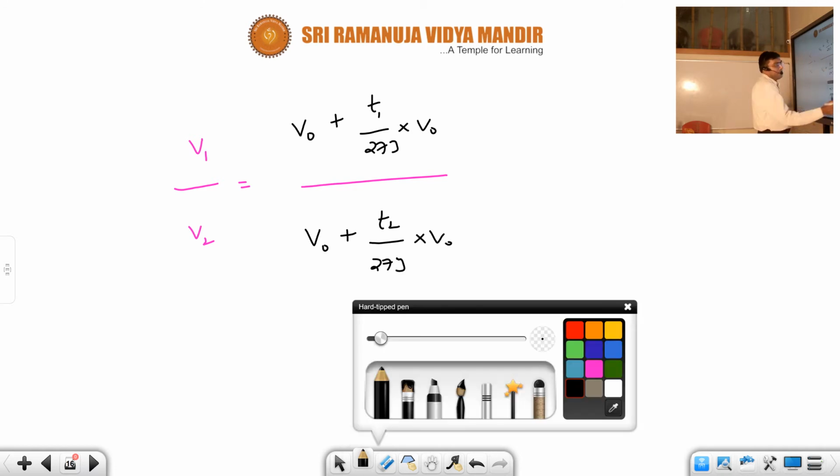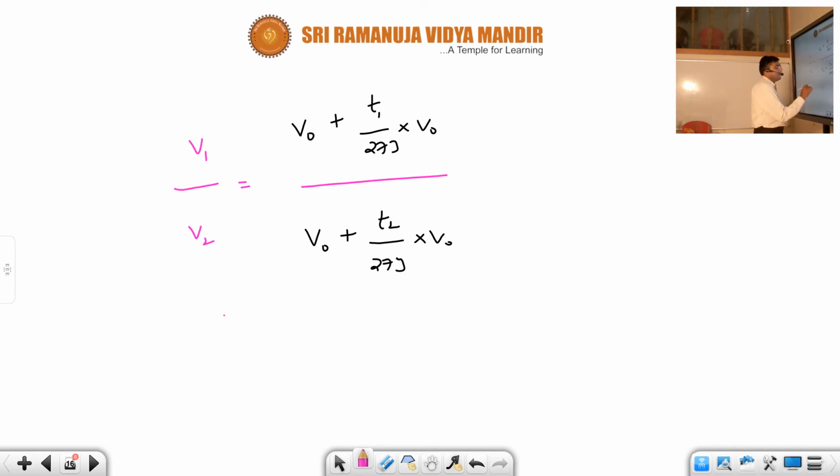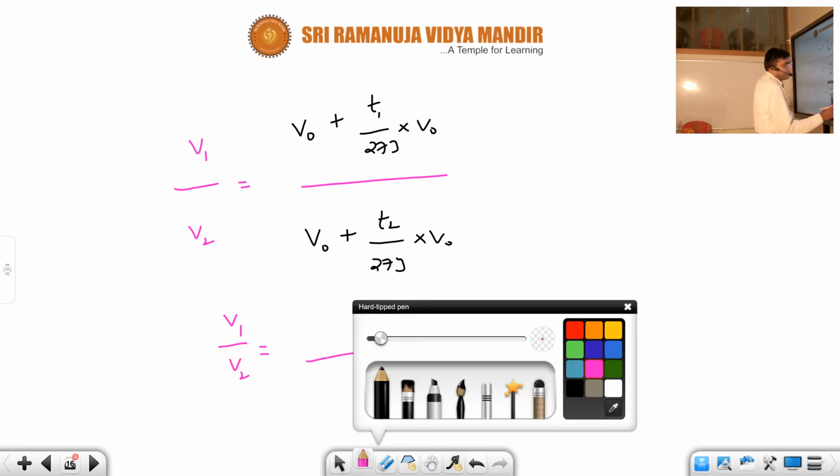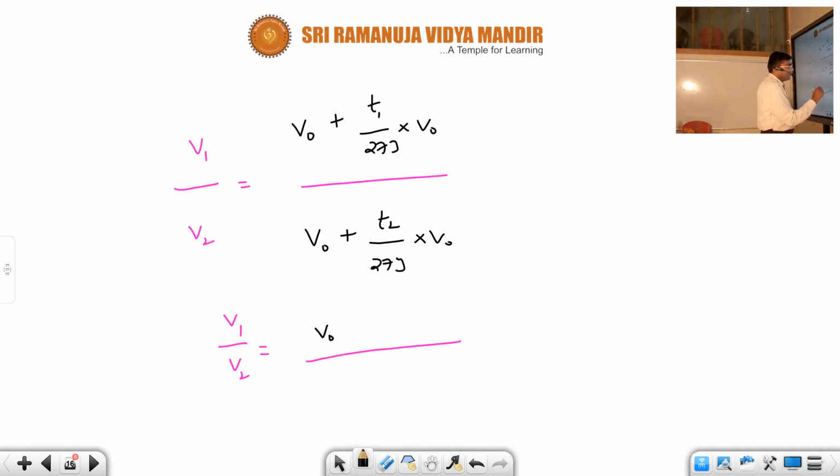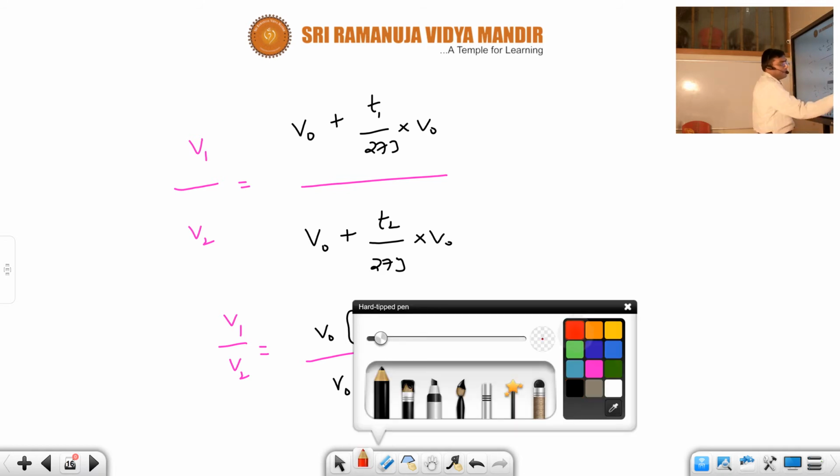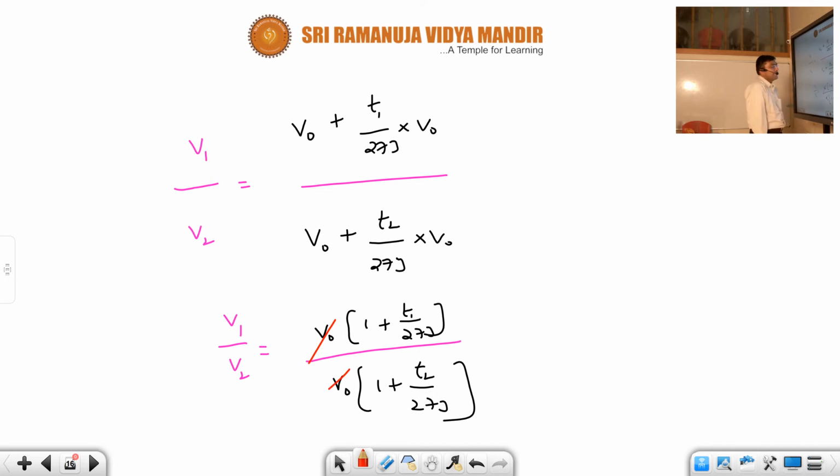Students, similarly you can take V1 by V2 is equal to V naught common, V naught into 1 plus T1 by 273, and here V naught into 1 plus T2 by 273. Students, you know very well, V naught gets cancelled.